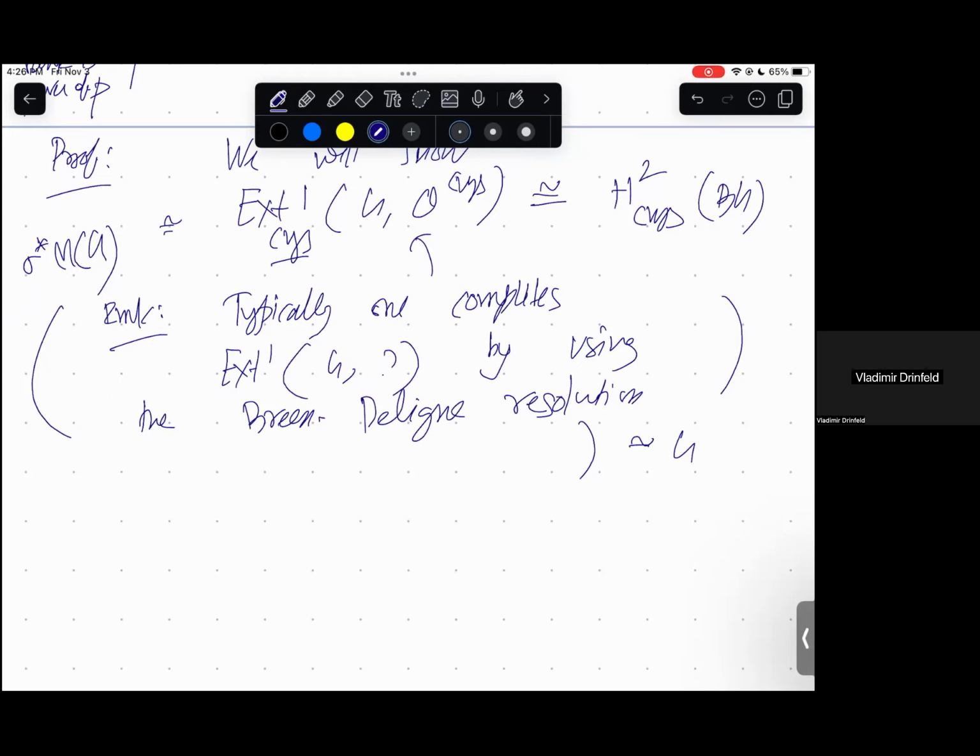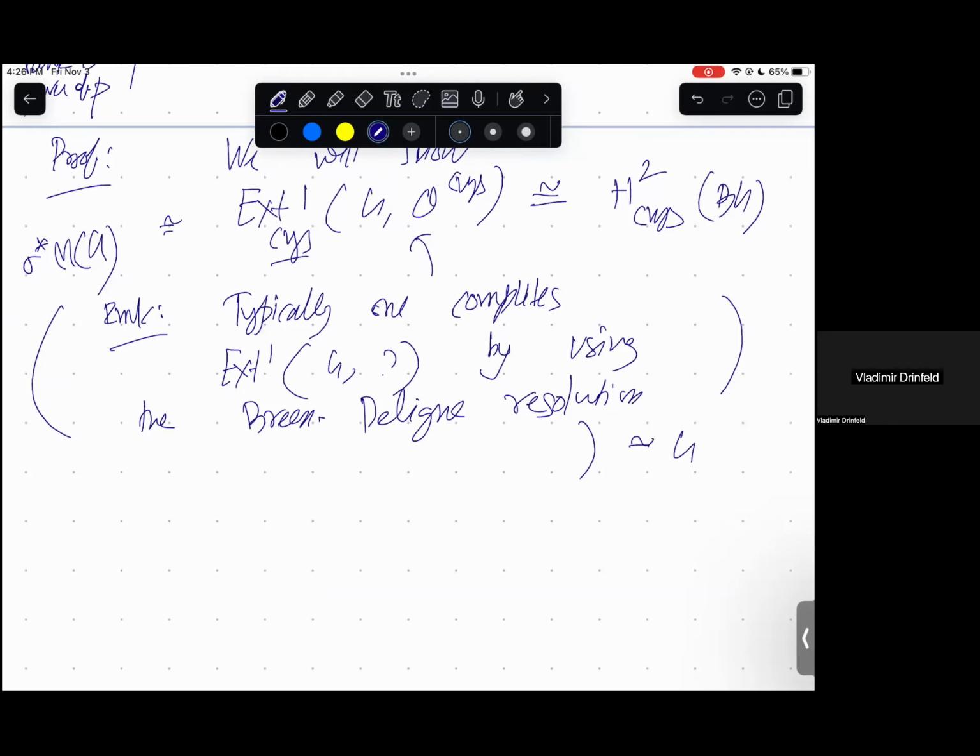Okay, so another question is as follows. Let's recall elementary homological algebra. Suppose we work not with sheaves on some huge site, but just with usual abelian groups.